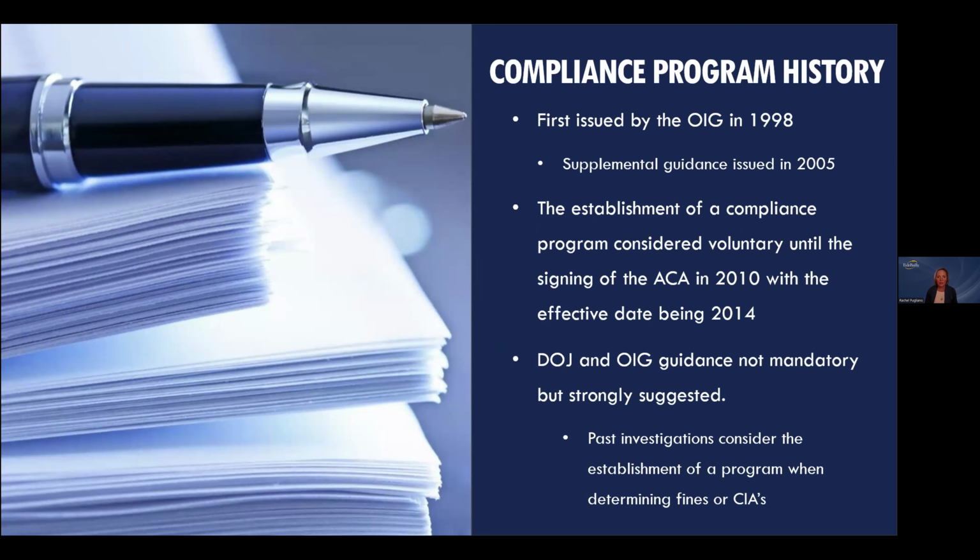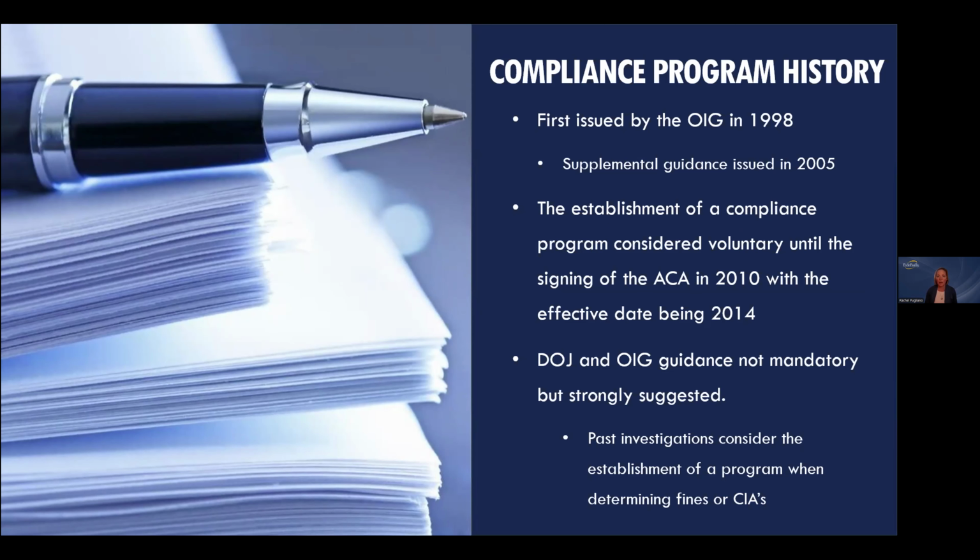And what that did is it established the compliance program and the guidance around what those programs would look like. However, it's generally considered voluntary on that OIG guidance as far as the elements are concerned, what it looks like at every organization. It wasn't until the ACA was signed and became effective in 2014 that having a compliance program became mandatory.